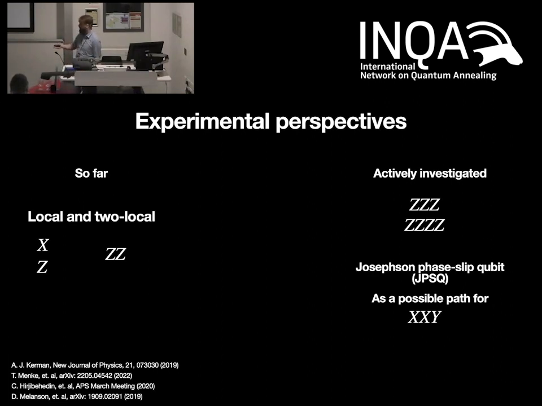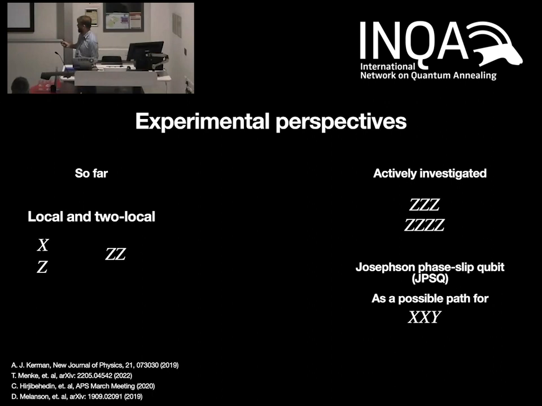But in our proposal, we require way more complicated components, and in particular, our Hamiltonian is not classical, so we need to go beyond that. However, there are some endeavors on creating ZZZ or four-way Z couplers in order to implement some combinatorial problems, which might be promising for changing them somehow to implement other Pauli operators.